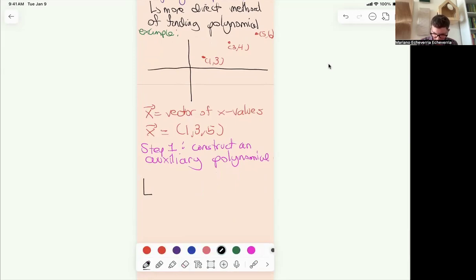The polynomial, I'll use the letter L for Lagrange. I'll just do L of x. So it's going to be x minus 1 times x minus 3 times x minus 5.